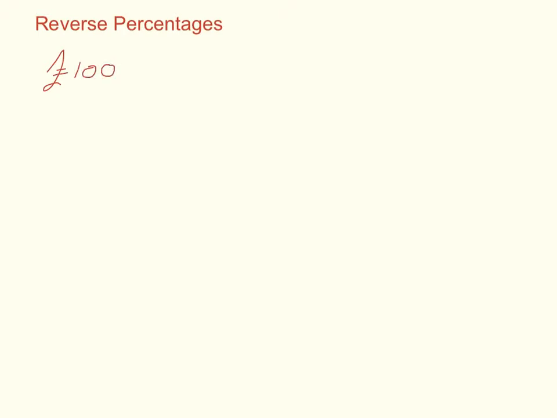If I take 10% off, then 10% is £10. So what I have left is £90. So I've changed my £100. I've done a percentage change and I've taken off 10%.